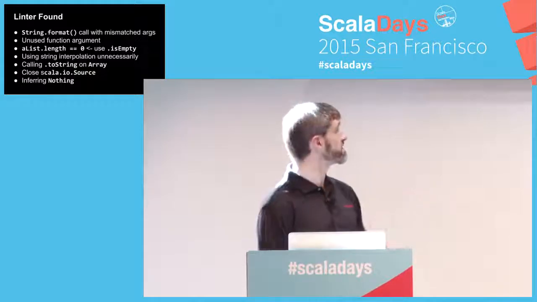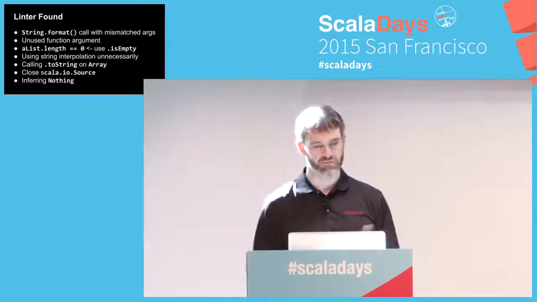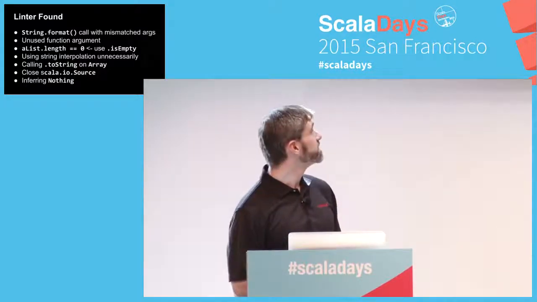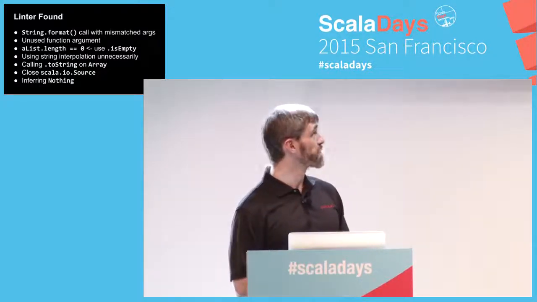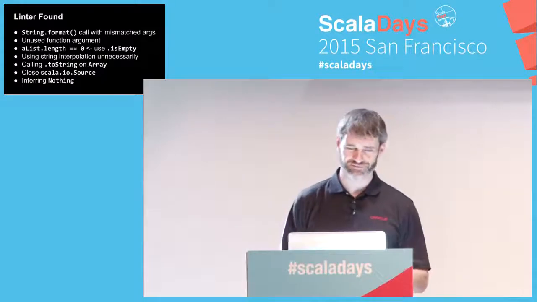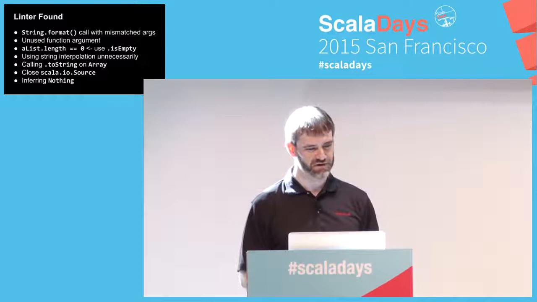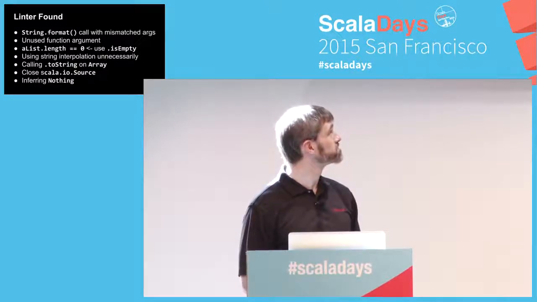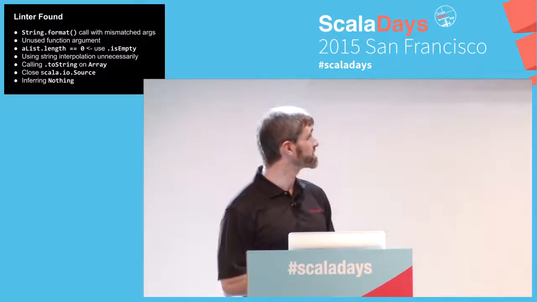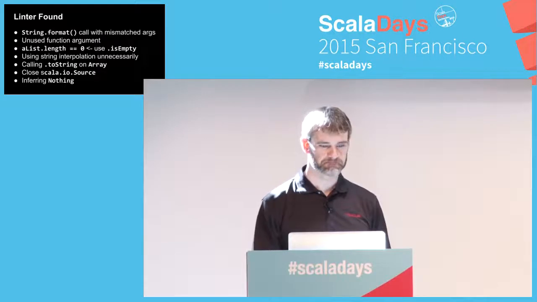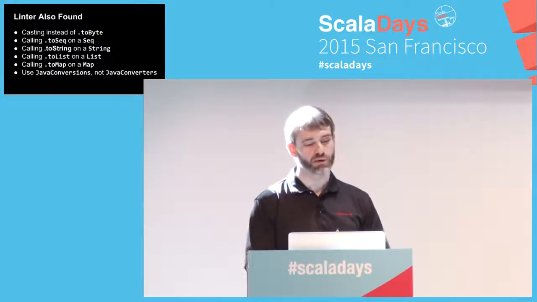So here's a partial list of areas in my code that it identified that sucked. I was calling string.format with some mismatched args, like we talked about earlier, that's going to throw on us. I had unused function arguments. I was using length on a list. I was forgetting to close a Scala source. Let's see.